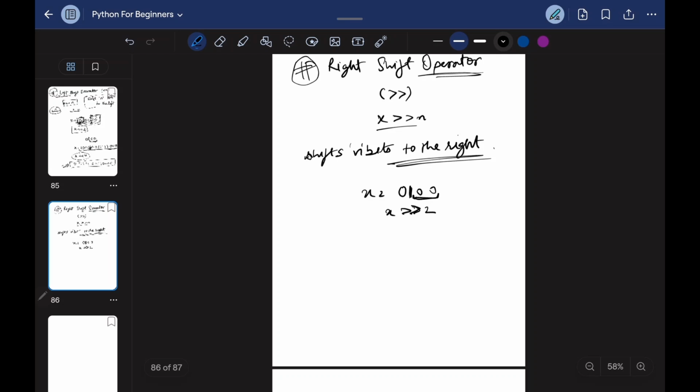The rightmost n bits will be removed eventually and they will be added in the front.